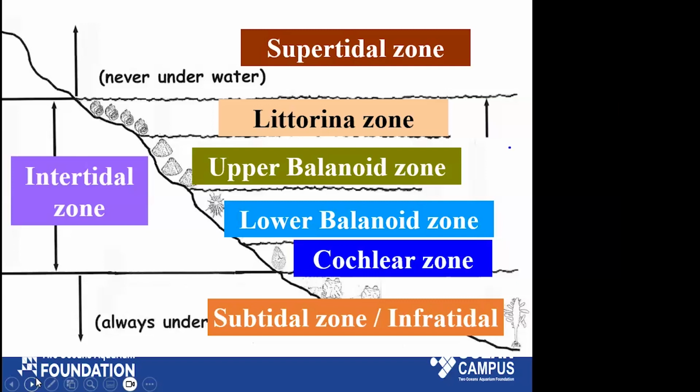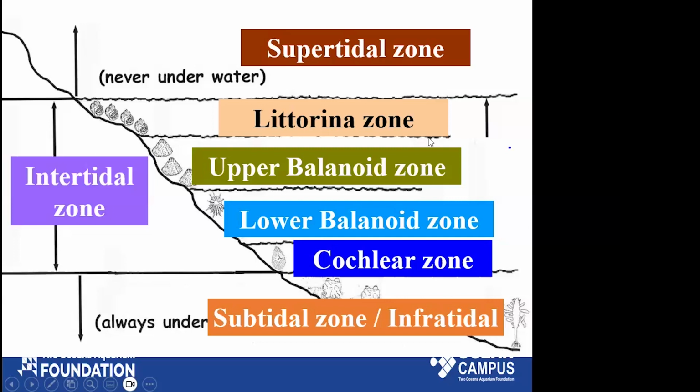So this, by the way, is the zonation for the south and the west coast of South Africa. I understand that you visited KZN, so you would have seen and experienced the East Coast zonation.